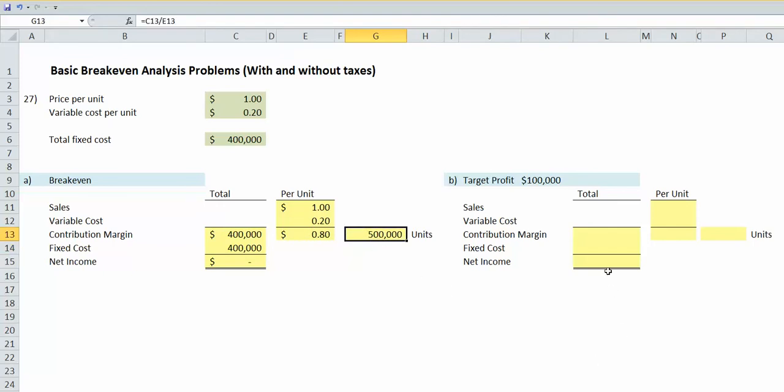If we had a target profit of $100,000, our analysis is much the same. The only difference is we'll begin with a $100,000 target profit. We have the same per unit selling price, the same per unit variable cost, and the same 80 cent per unit contribution margin.